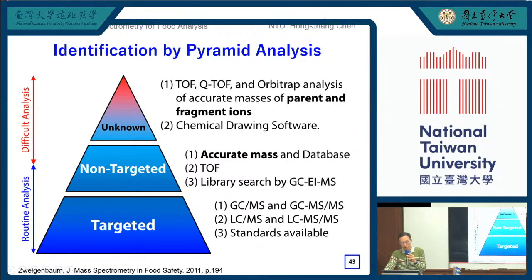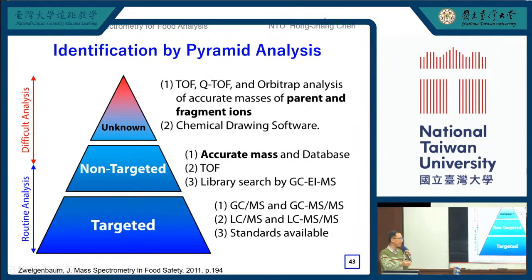But if you want to do non-target analysis, you don't know what kind of compound exists, you need accurate mass. So you need something such as TOF to do that. And you need a database to search, to match your data, to identify what kind of compound using the non-target analysis. But the worst situation is an unknown compound.